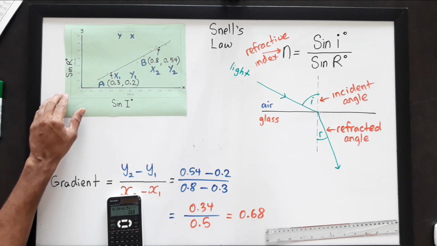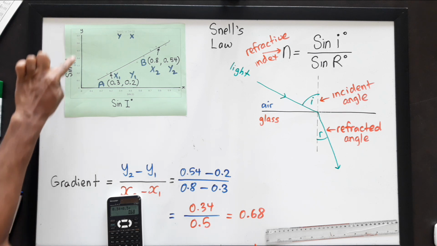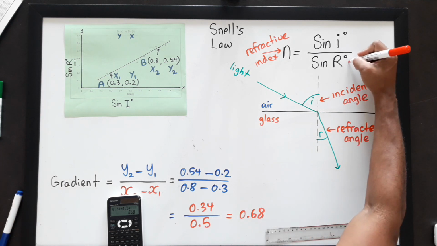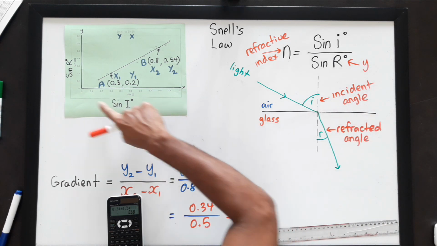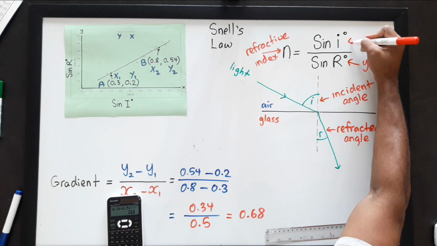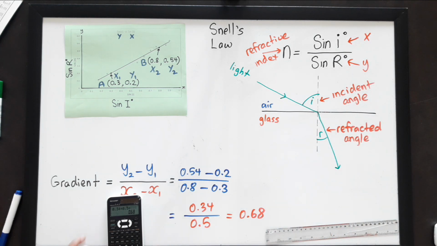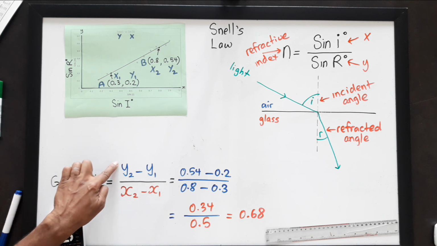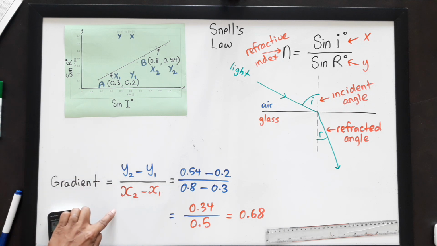Well, it seems that we put sine R on the y-axis. So that means this ended up on the y-axis. And sine I ended up on the x-axis. But to calculate gradient, we need to take the y's and divide it by the x.